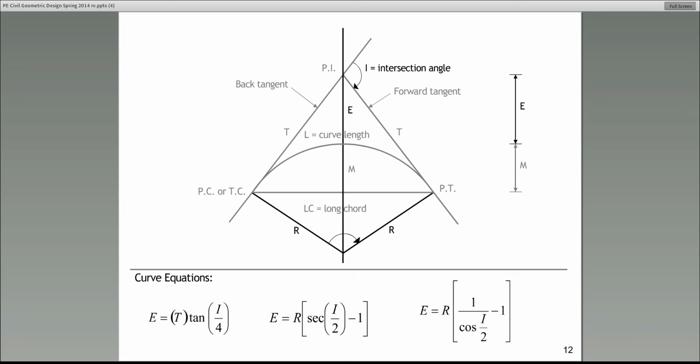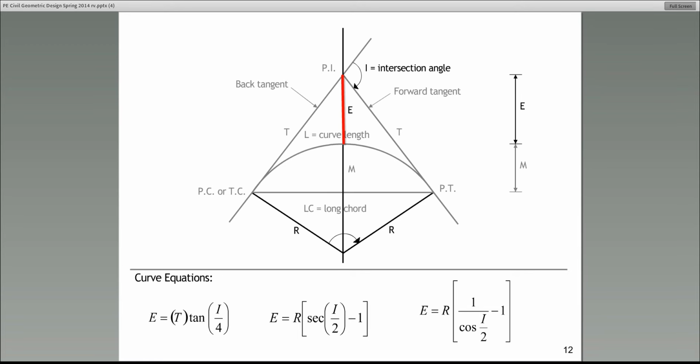All right. Here on page 12, we are talking about the relationship between the following parameters. Look at the sketch. What I'm highlighting here is called, well, we refer to it as E, but please write down the words external distance.